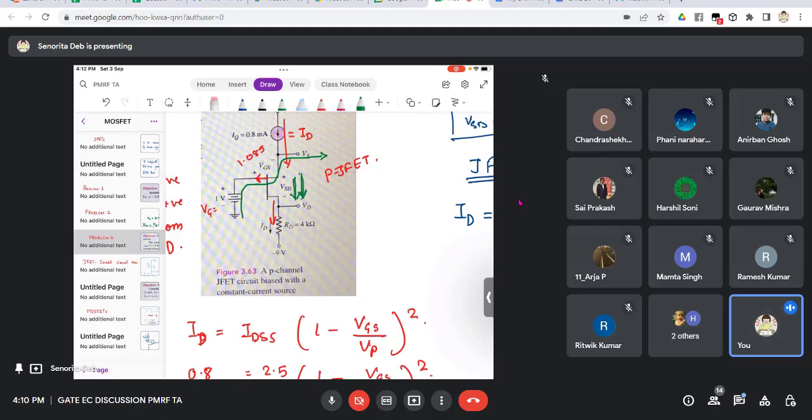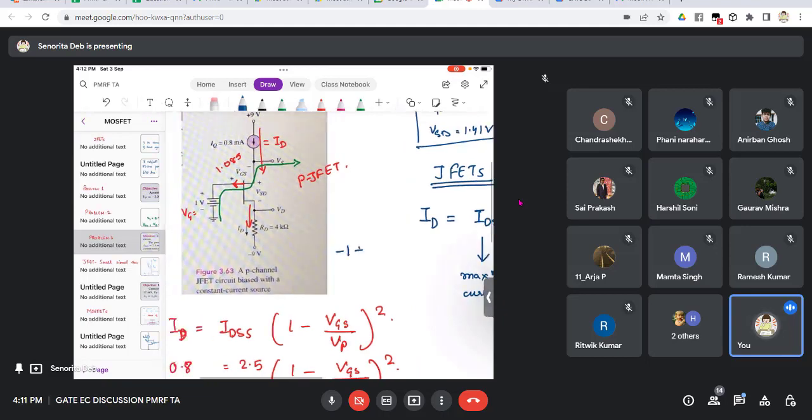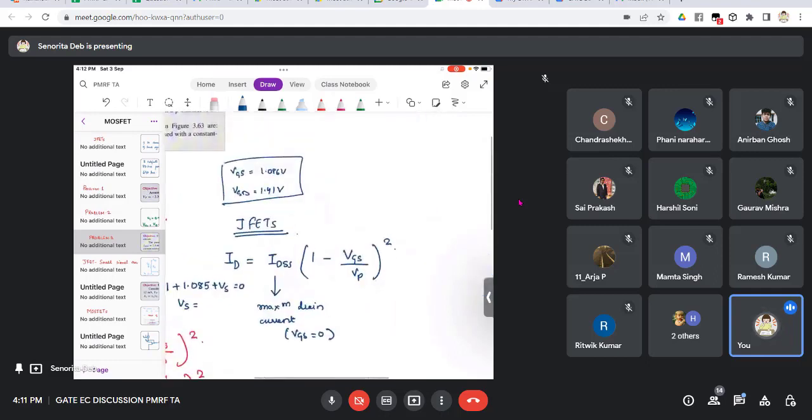Right now that is not useful. So we will put a KVL here, that is -1 plus 1.085 plus Vs is 0. We will find Vs from here. So this KVL will give us Vs. Let me shift this a bit.